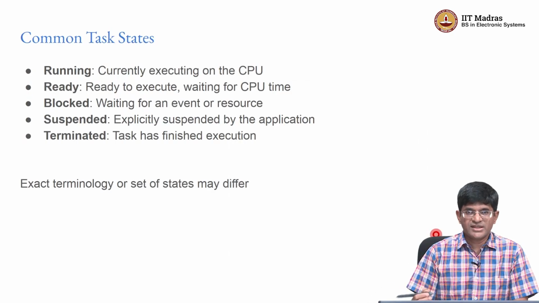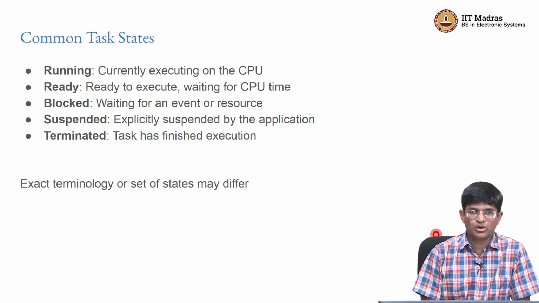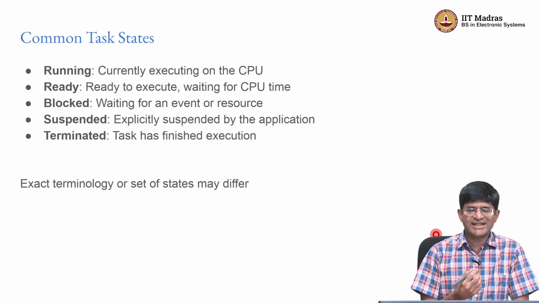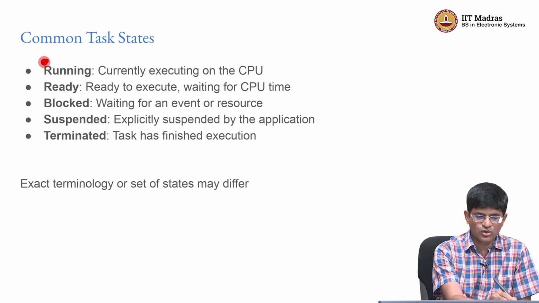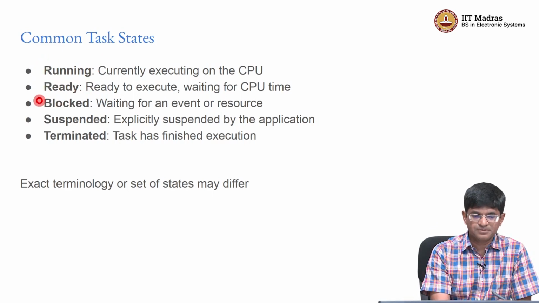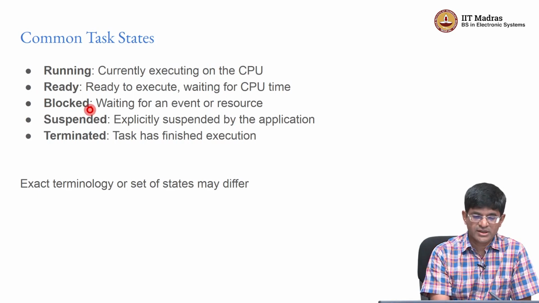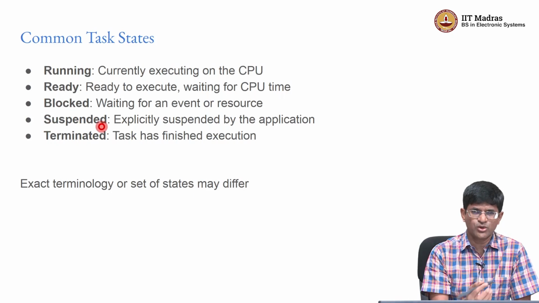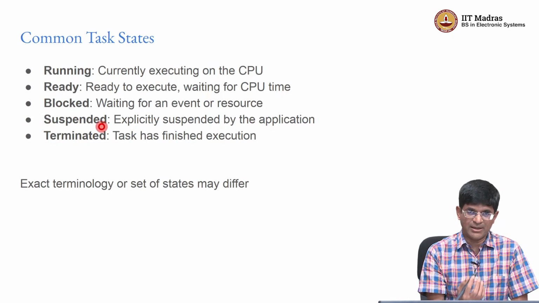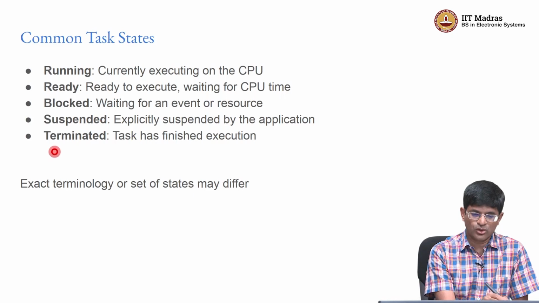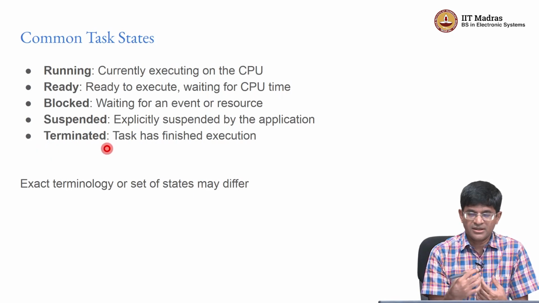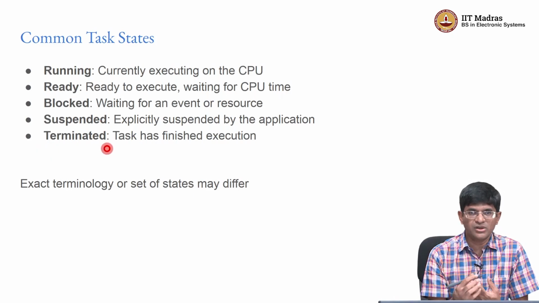Okay, so we just saw how tasks can run when actually put onto a microcontroller, compiled and run. That also tells us there are different states associated with a task. A task could be currently running, it could be ready but waiting for CPU time, it could be blocked, meaning that it's waiting for an event or a resource, it could be suspended, which is usually where it has been suspended by the application itself, or it could have terminated, meaning that it had a fixed amount of work to do, completed the work and exited.